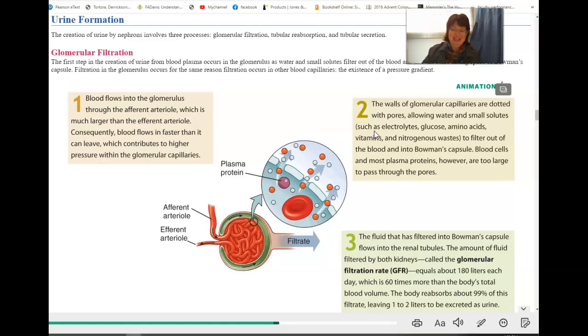So realize that the kidney is a horrible filter because everything's going through, everything but the red blood cells and the protein. So this is why if you have blood in your urine, it shows that you're having problems with your glomerulus and in your glomerular capsule because blood should not be in the urine.